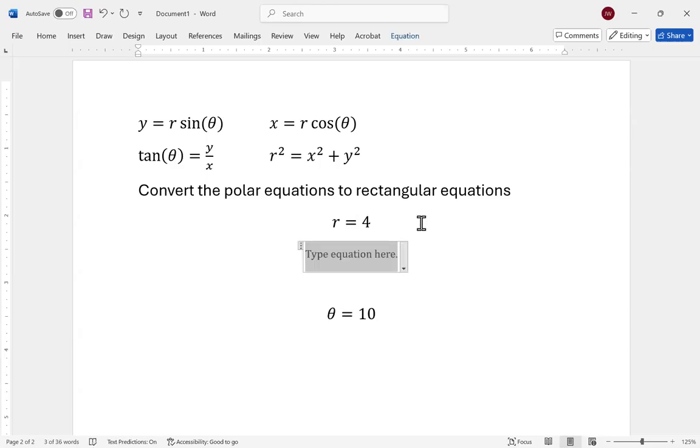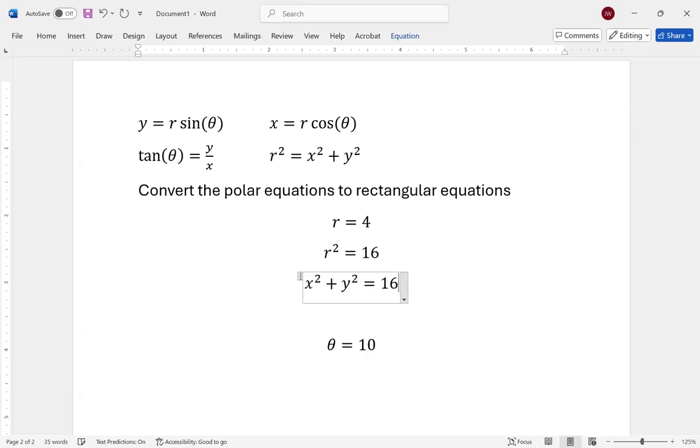In the first equation, we kind of did the reverse earlier. I'm going to square both sides, and then replace the r squared with x squared plus y squared. On these, I'm not going to have to solve for a single variable. x squared plus y squared equals 16. We already know that looks like a circle of radius 4. I don't worry about solving for y.